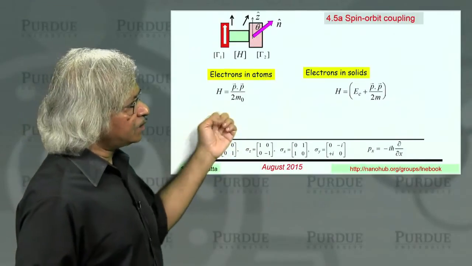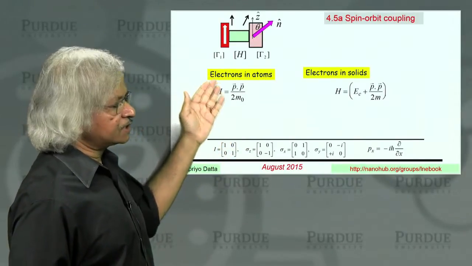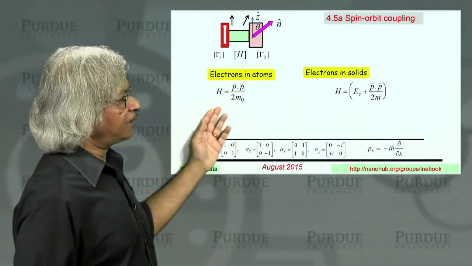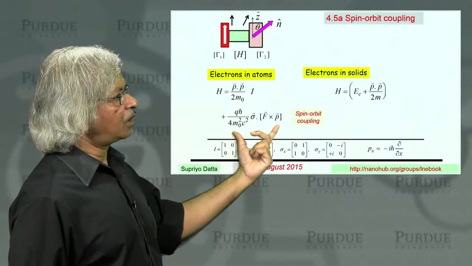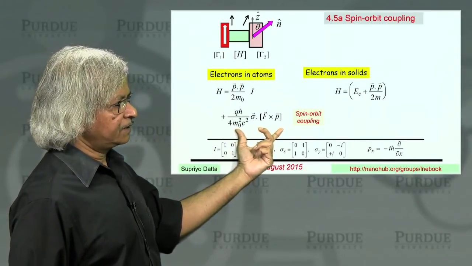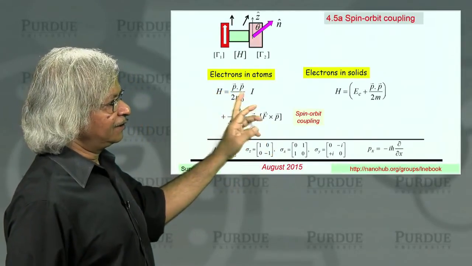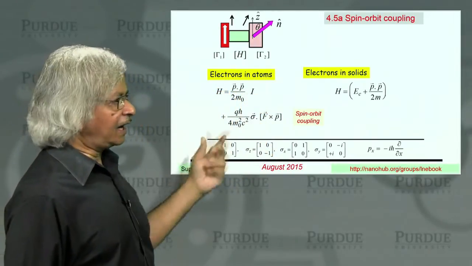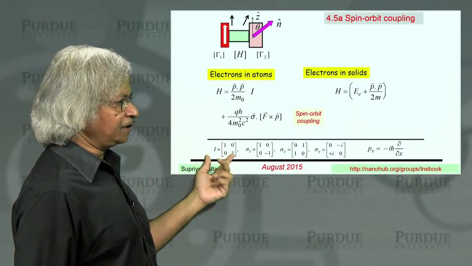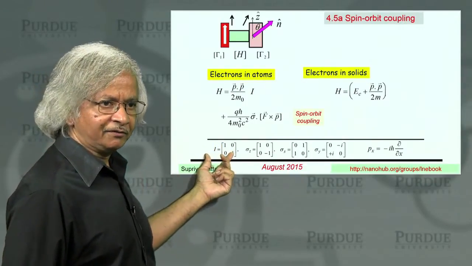Now, in this lecture, what I'll try to show is that when you consider electrons in vacuum, I'll try to explain how the spin orbit correction comes about. And this requires you to take the original Hamiltonian multiplied by I, being this 2 by 2 identity matrix.